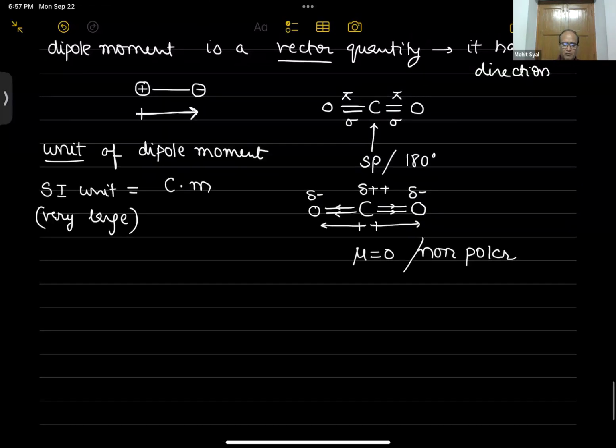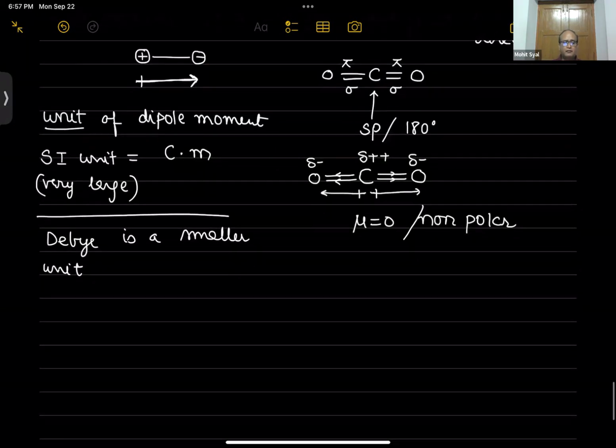So you need a small unit, and that is the debye. It is represented by the symbol D.